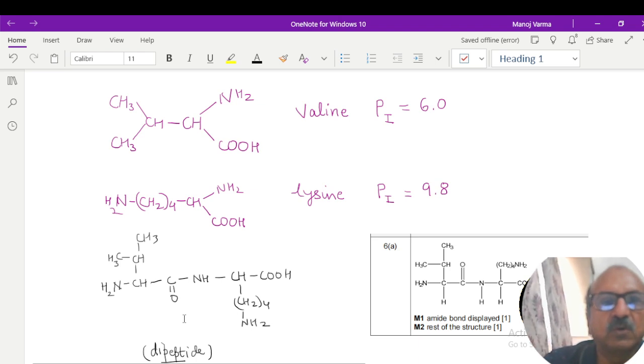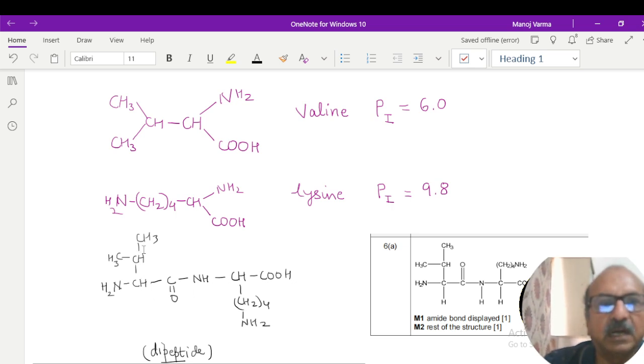The student should notice that at one end, one terminal, we should show the NH2 group, and at the other terminal we should show the COOH group. Reason being that this can extend the chain and form many more peptide linkages.